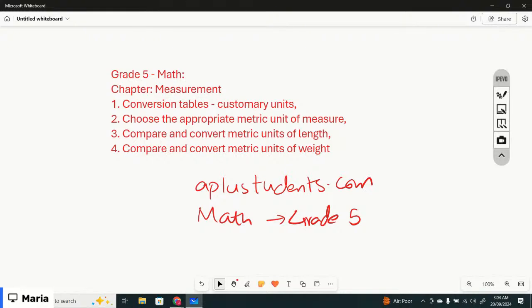The lessons we're going to cover today are conversion tables, customary units, choose the appropriate metric unit of measurement, compare and convert metric units of length, compare and convert metric units of weight.